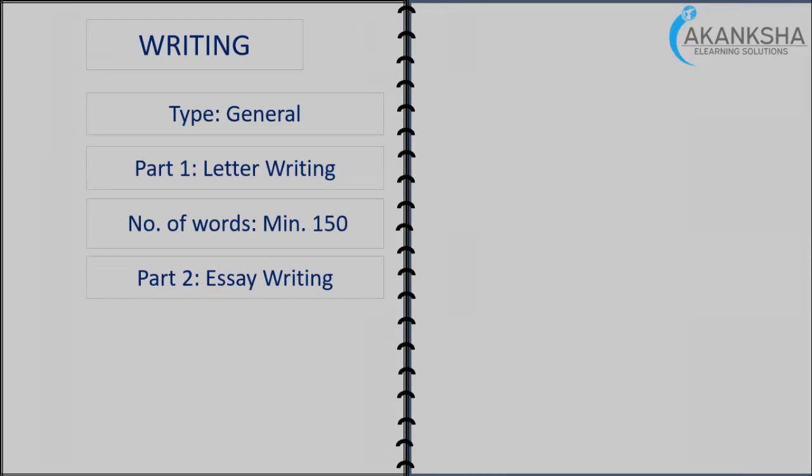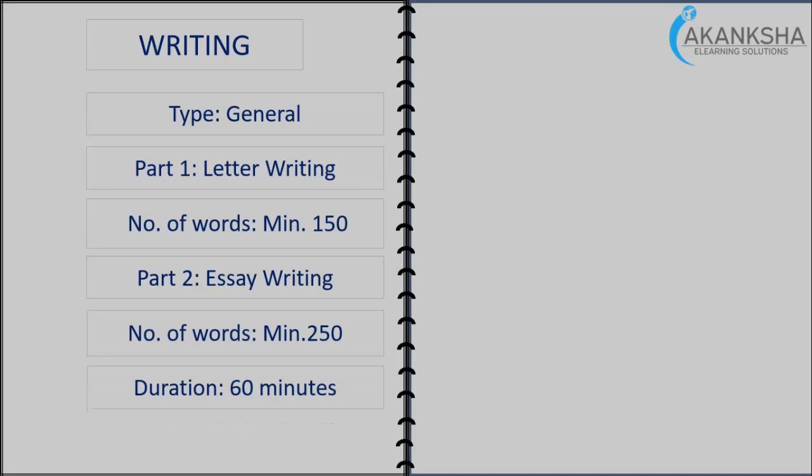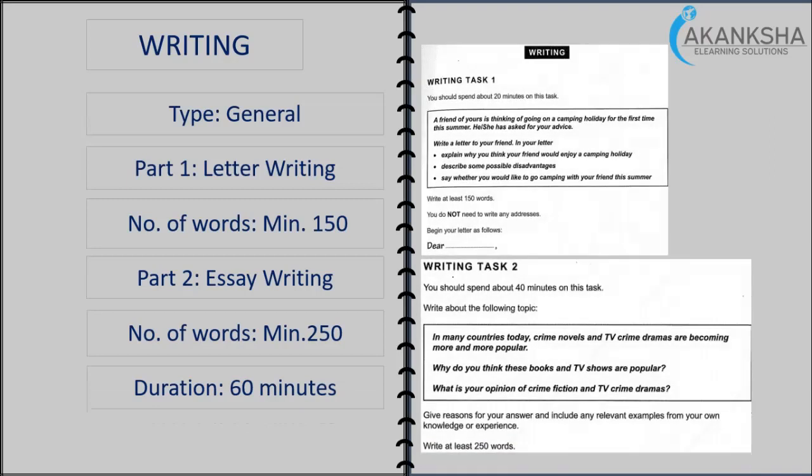And part 2 is essay writing, which is common for both academic and general. Here you have to write a minimum of 250 words. The overall duration for writing is 60 minutes.